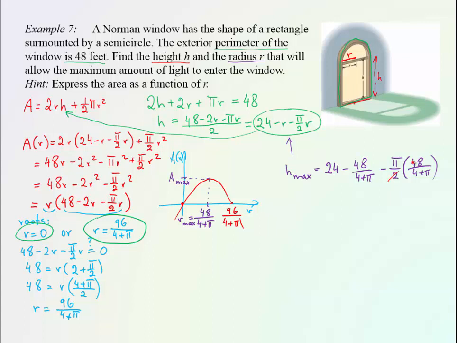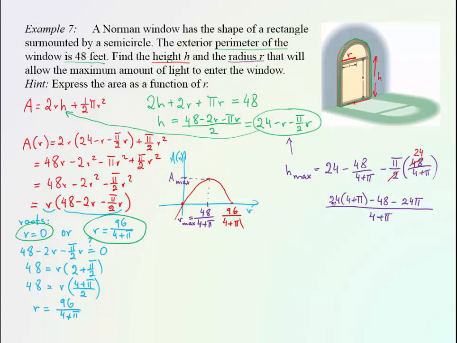We could reduce the 2, making 24. We could put together everything under a common denominator. So the common denominator will be 4 plus pi. Since this was just 24, it will be 24 times 4 plus pi. Here we didn't change the denominator, still 48. And over there we didn't change the denominator, it is 24 pi.